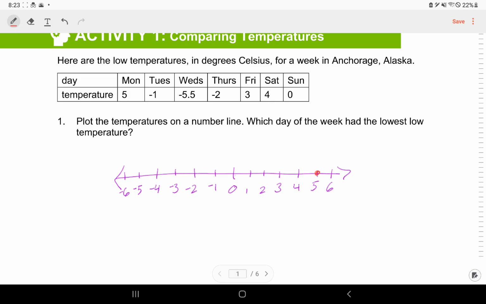Tuesday is -1, so I find -1 and I put a point. Wednesday is -5.5, so I go to -5, and it's halfway between -5 and -6, so I go halfway between and I put a point.